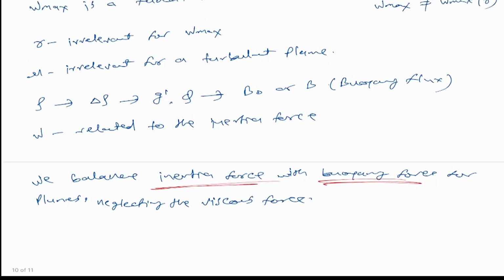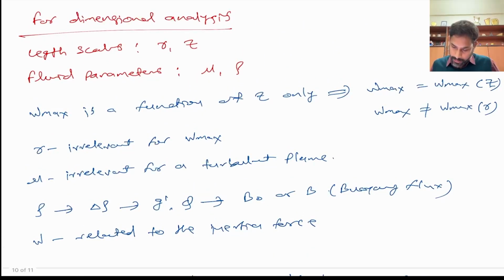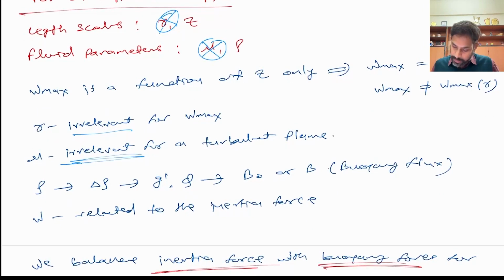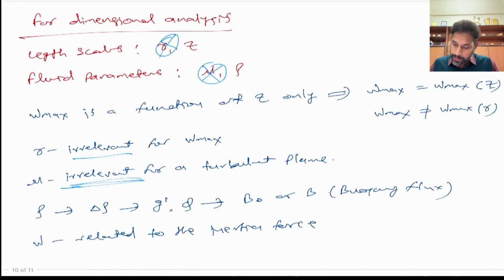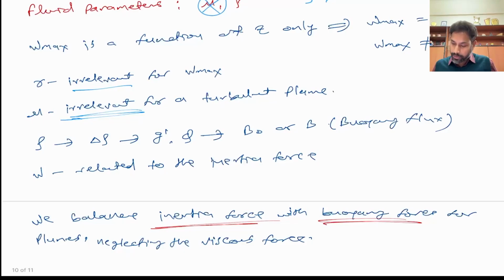All right, so now coming back to this particular analysis, dimensional analysis, we now know that this is of no use because R is irrelevant, right? And also mu is of no use because mu is irrelevant for turbulent plumes. And that is why now we are concerned only with rho and Z, where rho is equivalent of B, right? From rho we get buoyancy flux, as we have seen here.